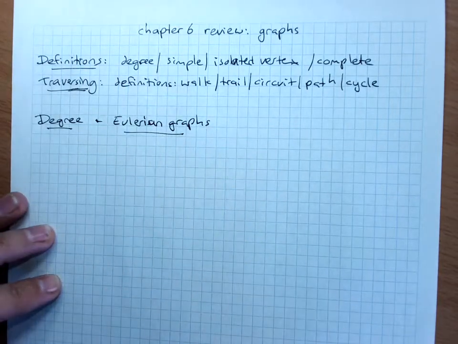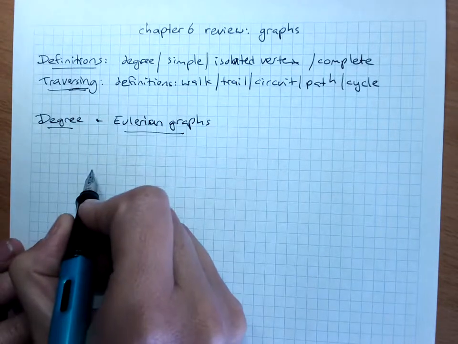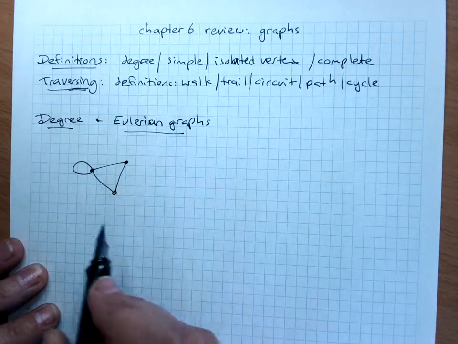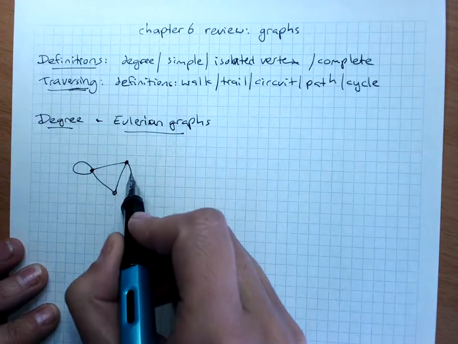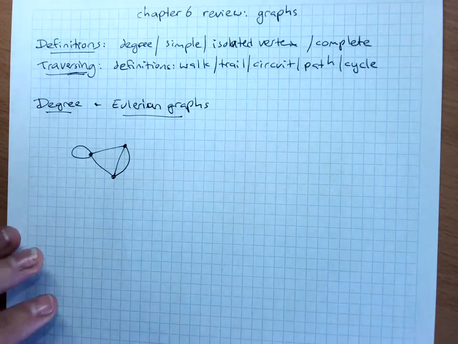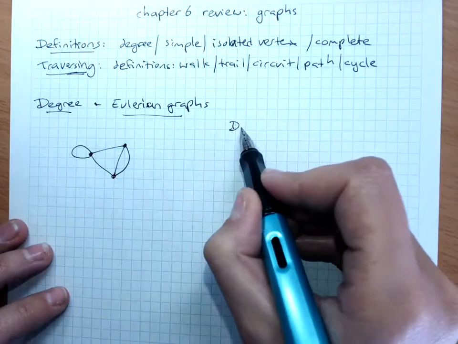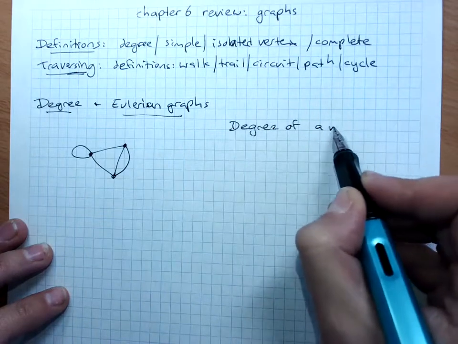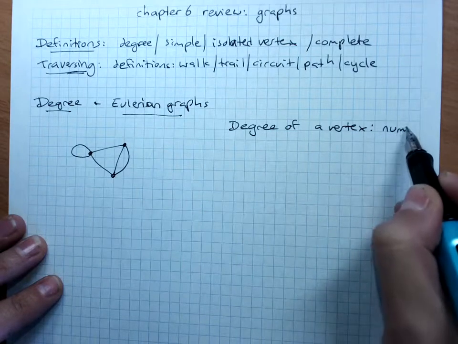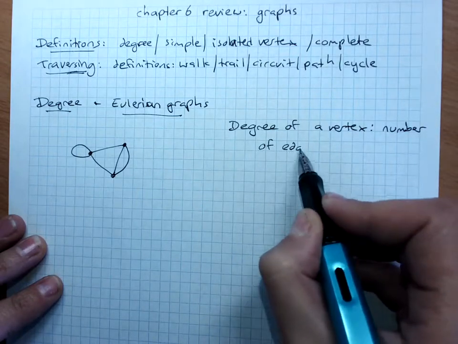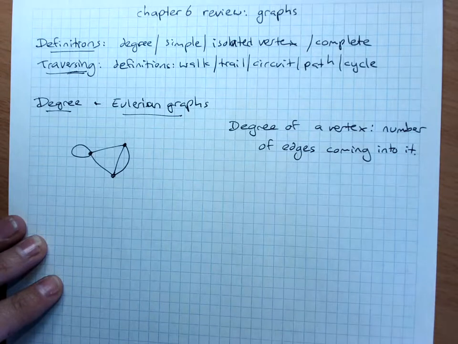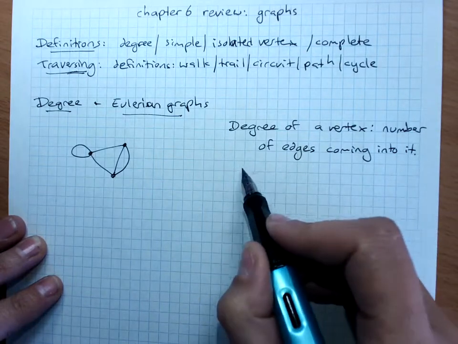it's very important that you can tell the degree of any graph, any vertex. So in this cute little example graph, the degree of any vertex is the number of edges coming into it. And it's not so much the number that matters, but whether it's odd or even.